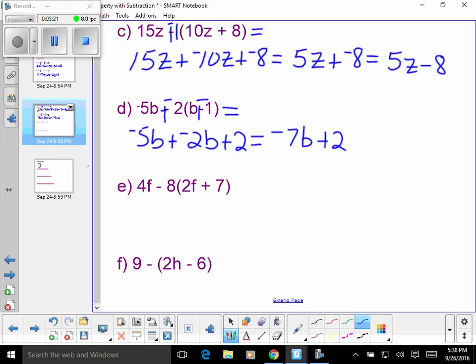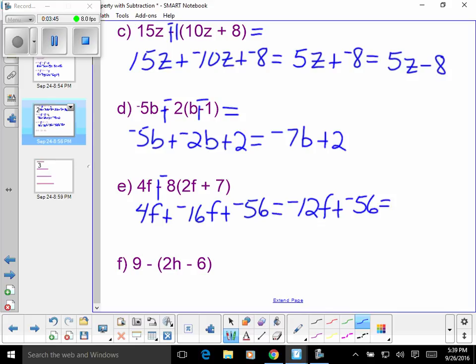In E again, it's going to be add the opposite. For F plus negative 16f plus negative 56. For F plus negative 16f is negative 12f plus negative 56. Again, I do not leave that as plus negative, so negative 12f minus 56.